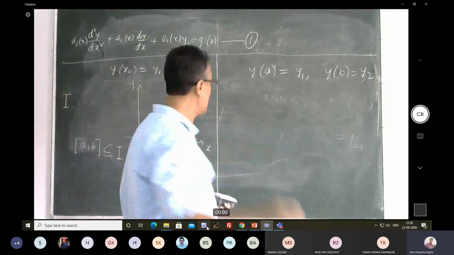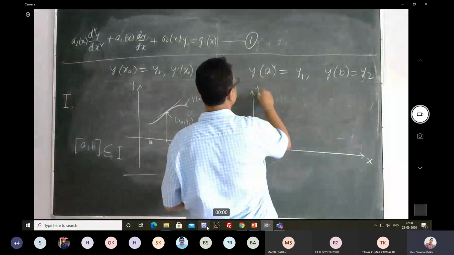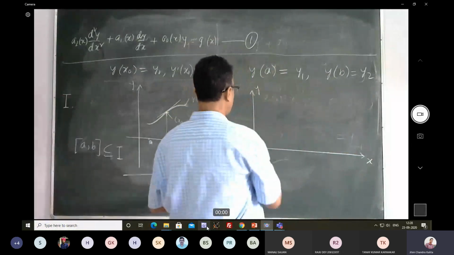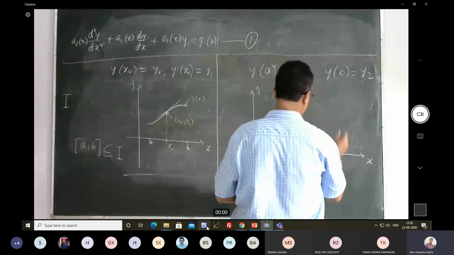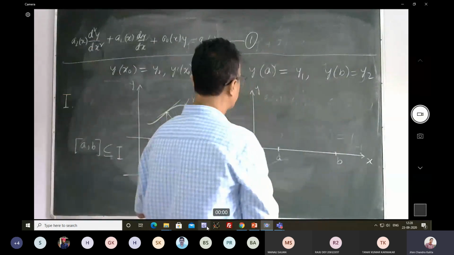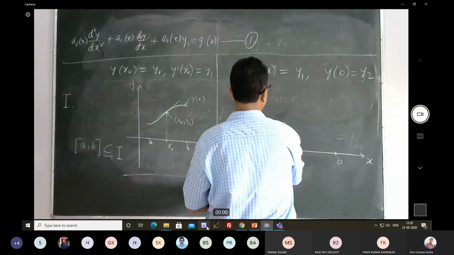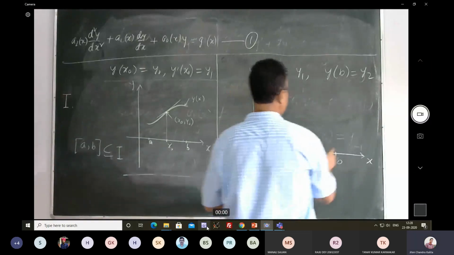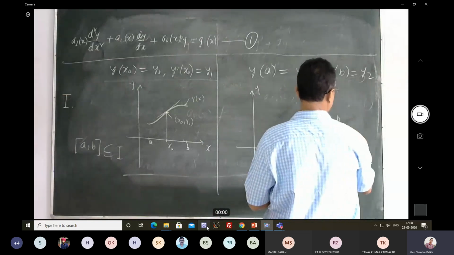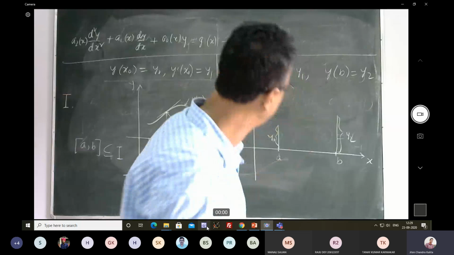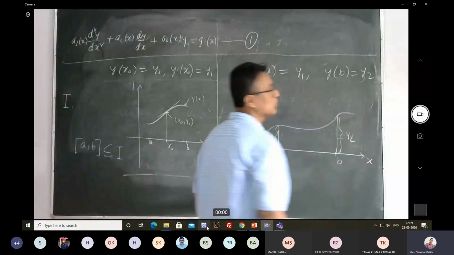Now in this particular case, what is going to happen? Suppose this is my a, this is my b. If this length is y1 and this length is y2, then my solution curve passes through those two points.